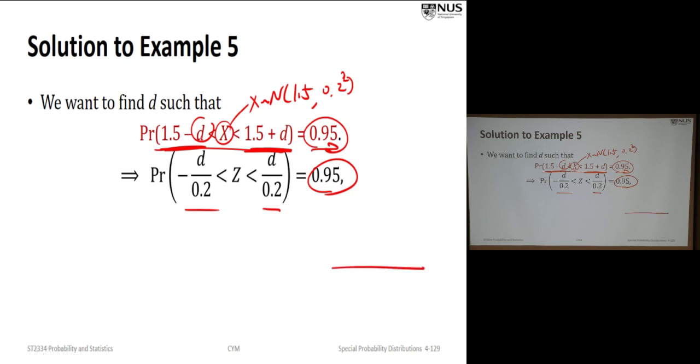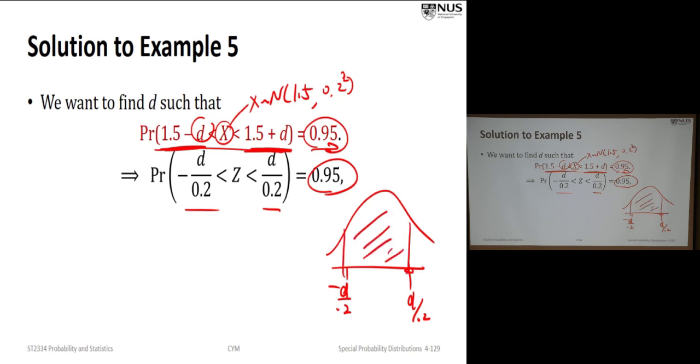This is D over 0.2. This is minus D over 0.2. We are looking at this probability. What can we say about these 2 probabilities? They're the same, right? It's symmetric. So what I need is to compute this probability.